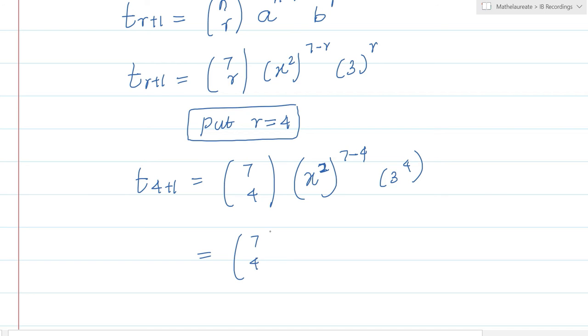I'll group the constant terms together: 7C4 times 3 raised to 4, which is 81, and x squared the whole cubed makes x to the power of 6.